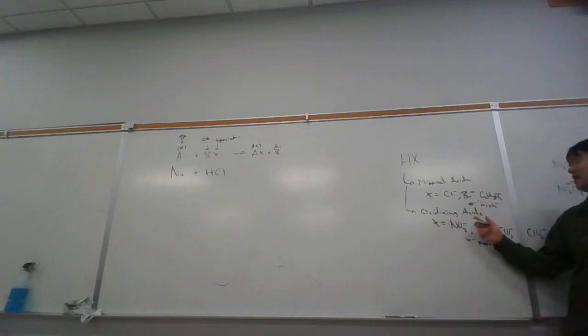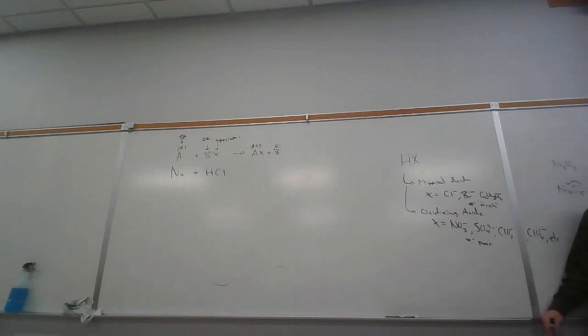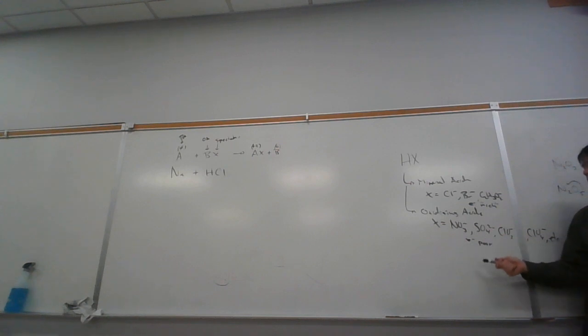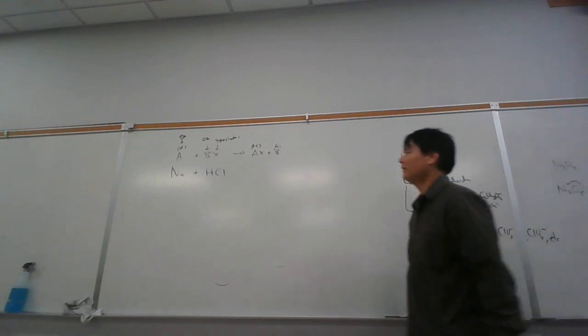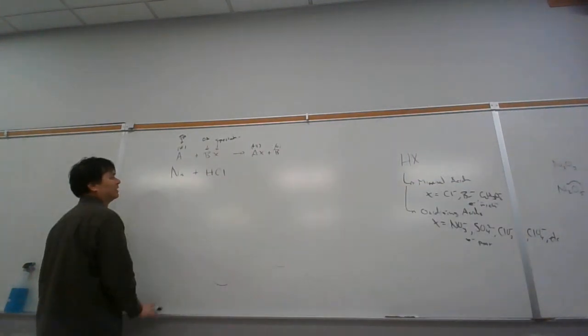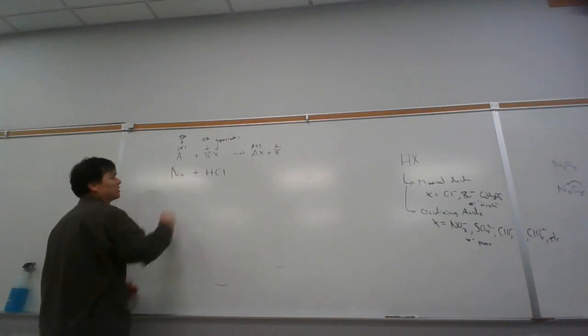However, in oxidizing acids, it's not a spectator. X is a more powerful reactant than H plus. And so if I had HCl here, this is perfect. This works great in single replacement reactions.